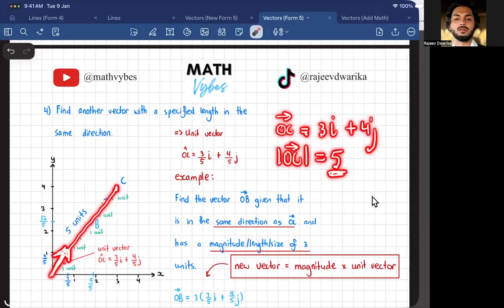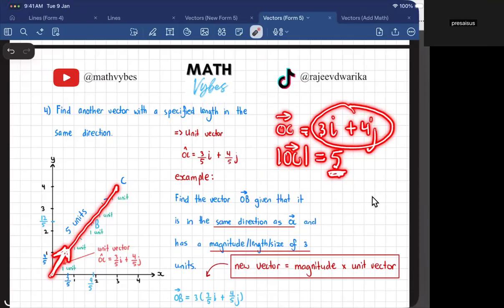So if its length is 5, I would have to divide the entire thing into how many pieces to get one with a length of 1? How many pieces? I have to divide it by how much? You have to divide it by 5, sir, because 5 divided by 5 is 1, and we want to get a unit vector, and the length of a unit vector is 1, sir.